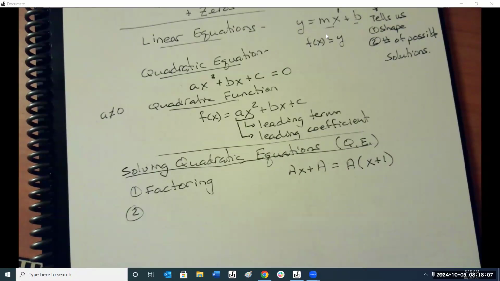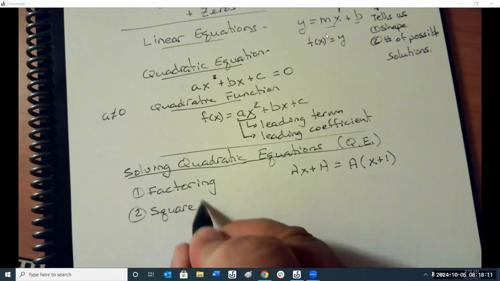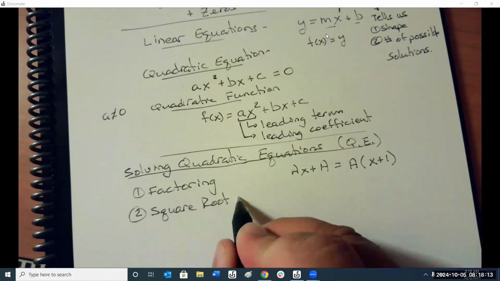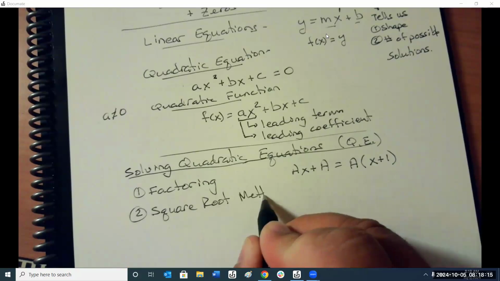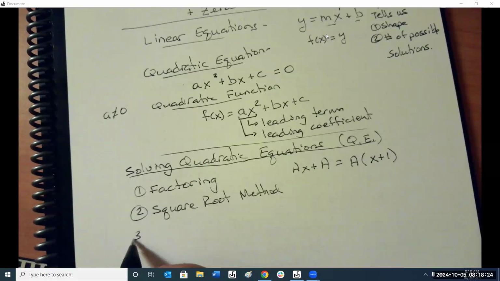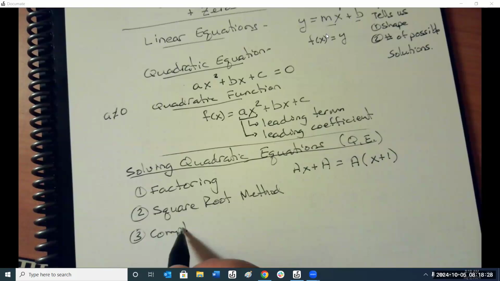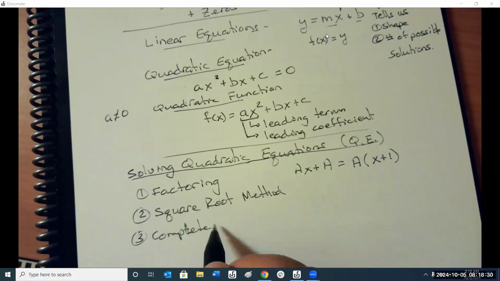The next method is the square root method, and that's when we use the square root on both sides to solve. The third method is the square method.